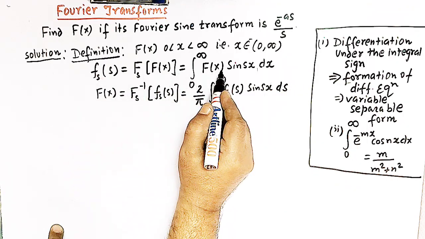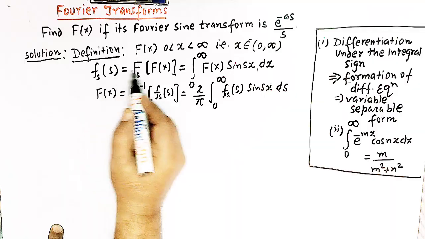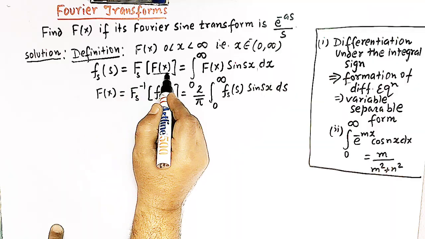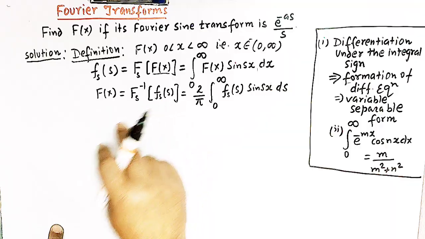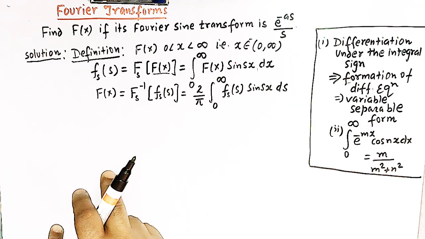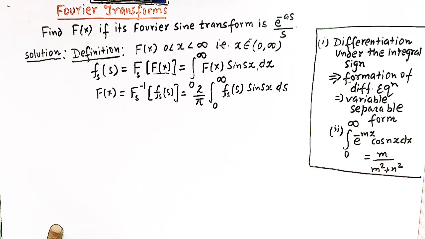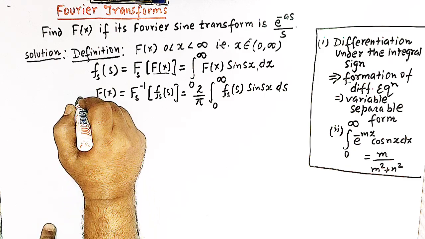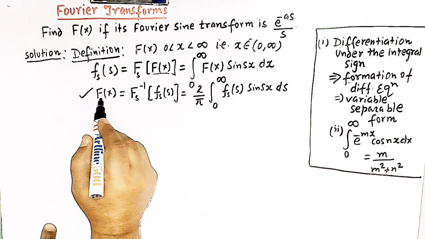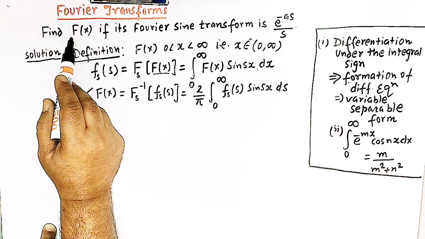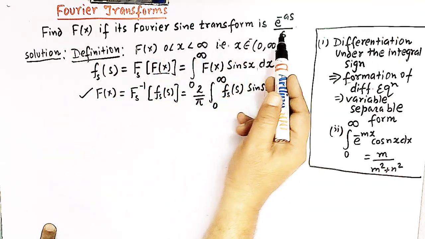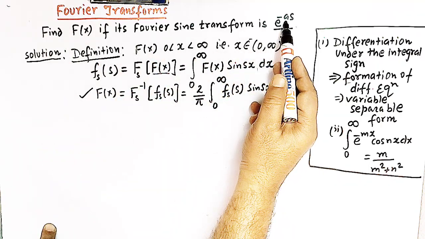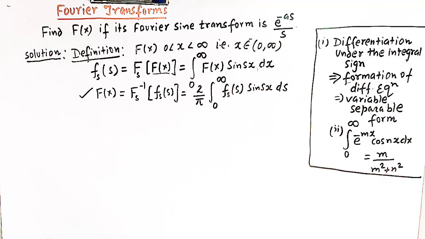This is the definition of the infinite Fourier sine transform of f of x, and this is the definition of the inverse. We are going to use this because we have to find f of x, since its Fourier sine transform is given as e raised to minus as over s.